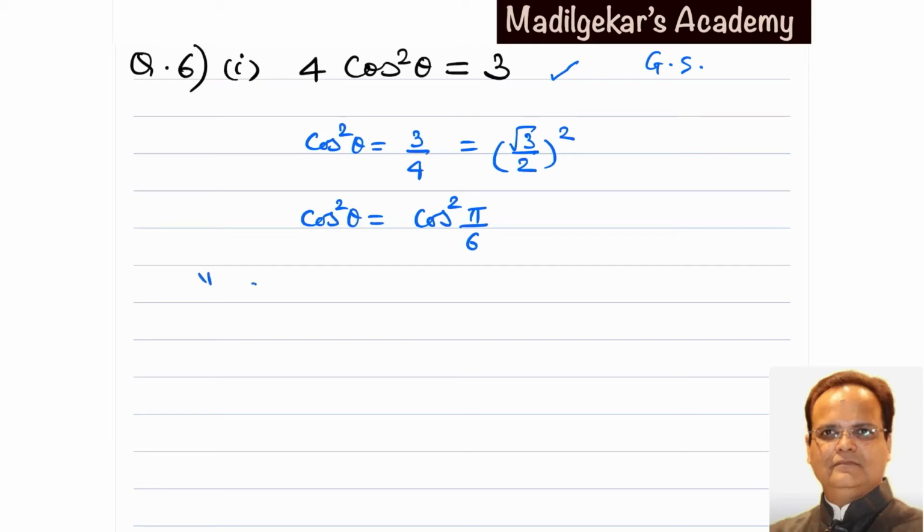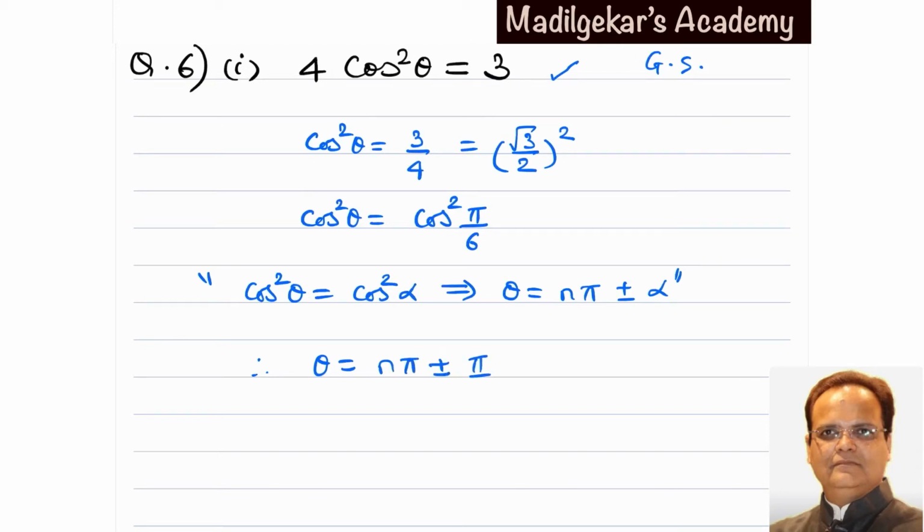We have a formula: cos square theta equals cos square alpha implies theta equals n pi plus or minus alpha. So using this, we get the general solution as theta equals n pi plus or minus pi by 6. So this is the required general solution of the given trigonometric equation.